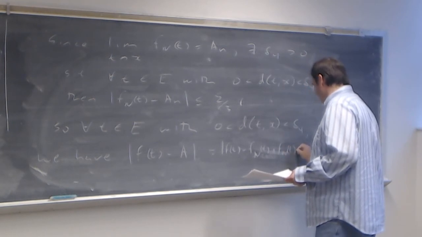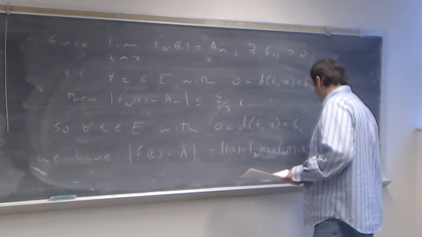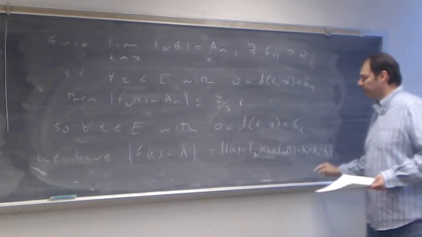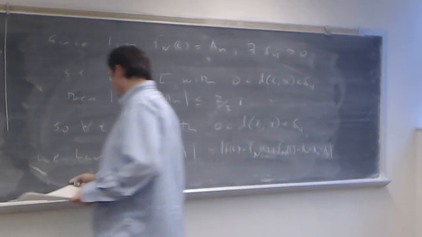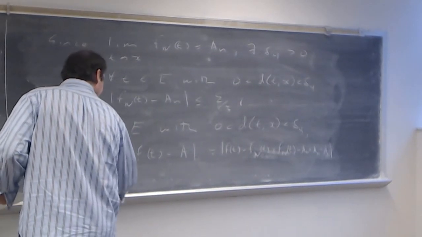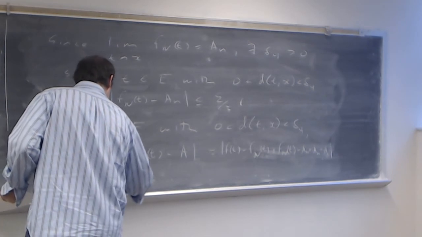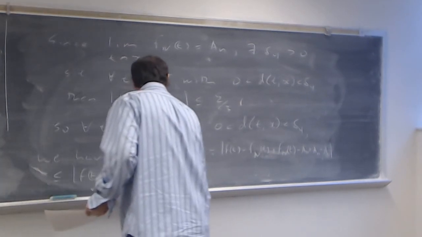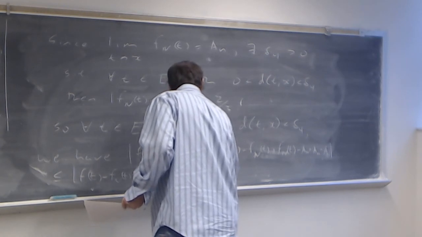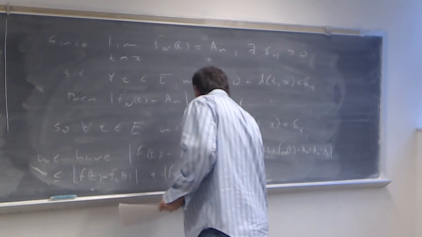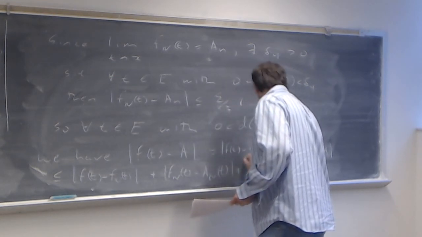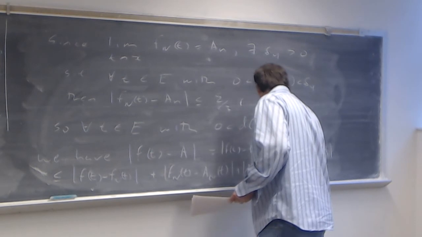And then here we're going to have minus a sub n plus a sub n minus a, which is less than or equal to the absolute value of f of t minus f sub big N of t plus the absolute value of f sub big N of t minus a sub big N, and then plus the absolute value of a sub n.